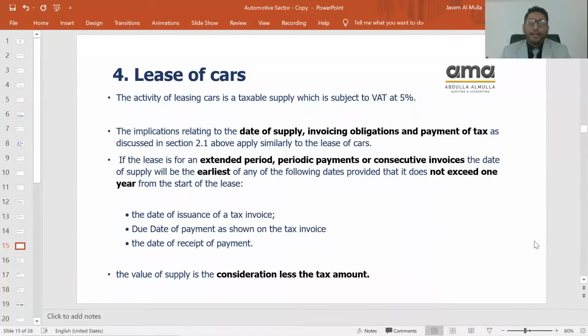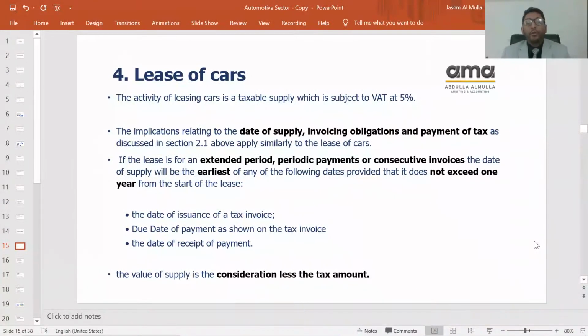In this case, the date of supply will be the earliest of the date of issuance of the tax invoice, the due date mentioned on the tax invoice, or the date when you receive the payment. But the important point to consider is that any of these events should not exceed 1 year from the commencement of the lease.